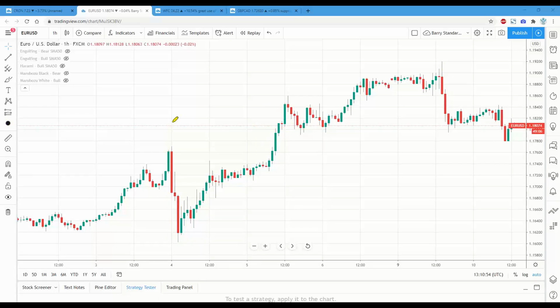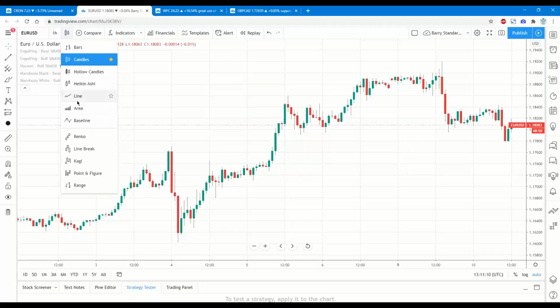So we also have candlestick charting. Now, what we're looking at is a simple candlestick chart. This has got nothing to do with using candlesticks in your trading. This is, instead of looking at a bar chart, where's my bar charts?